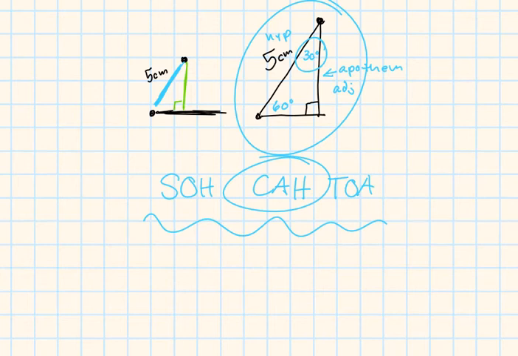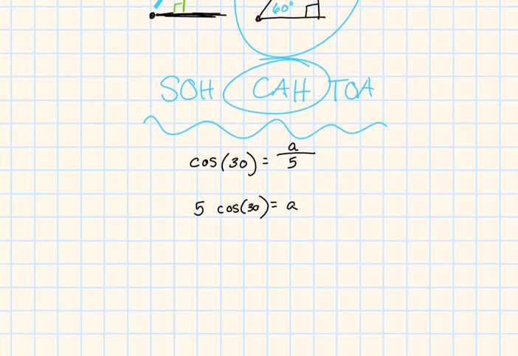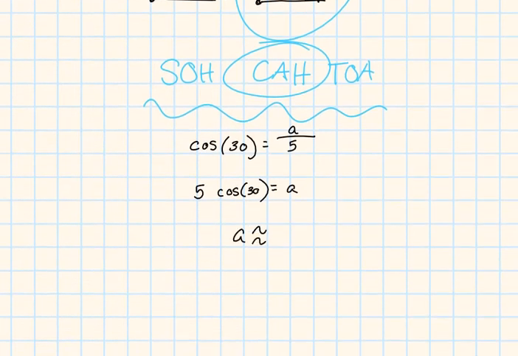So cosine of 30 degrees equals adjacent over hypotenuse, so I'm going to put A for adjacent, or A for apothem, it actually works out there, over 5. In order to solve for A, I multiply each side by 5, and I get 5 times the cosine of 30. So A approximately equals 4.33 centimeters, which makes sense. It should be smaller than our hypotenuse.